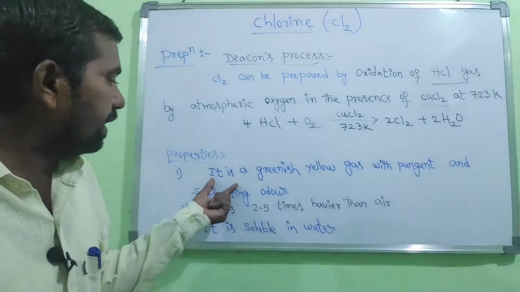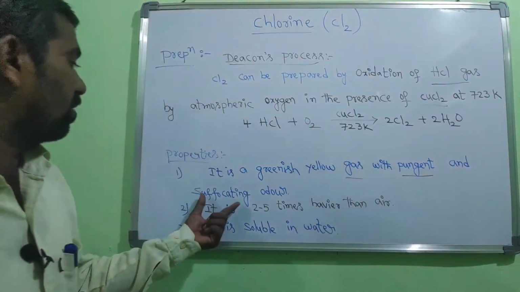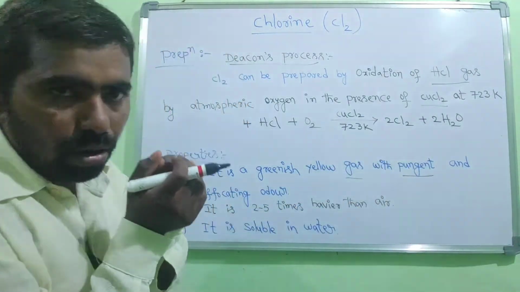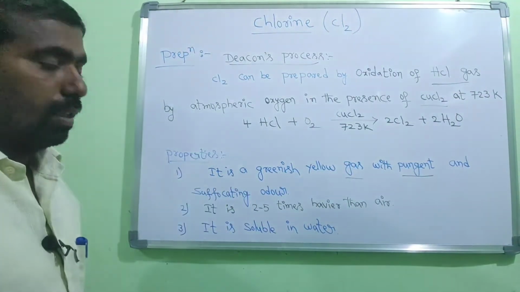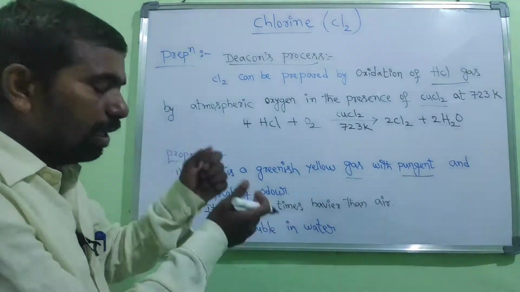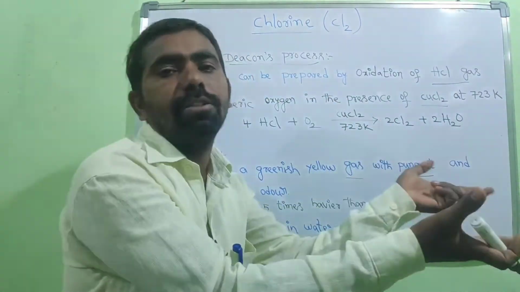So chlorine is a greenish yellow gas with a pungent and suffocating odor. Pungent odor means a very harsh smell, and suffocating odor means it can kill living beings when there is a lack of oxygen.